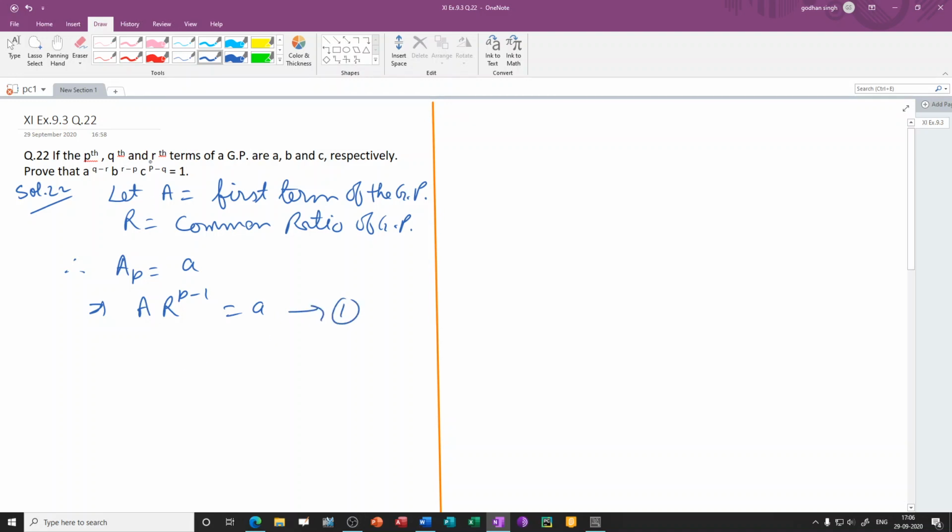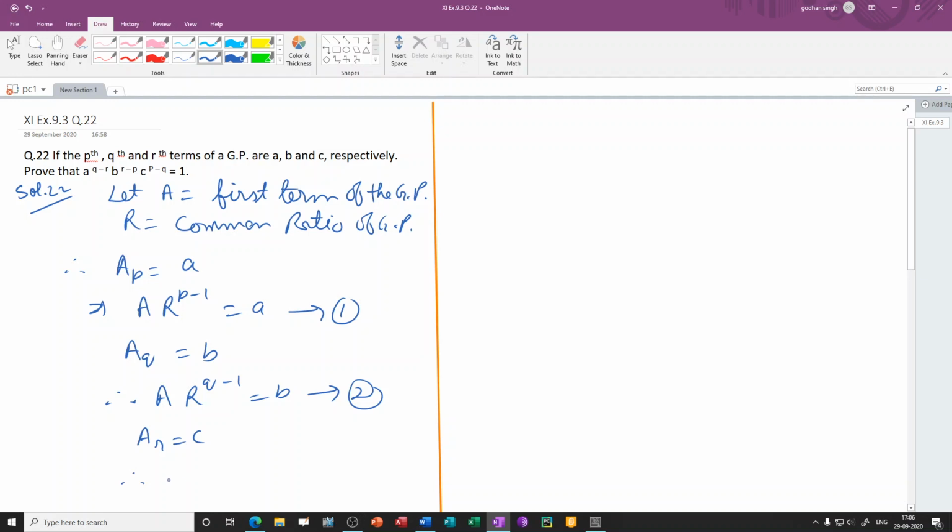Then we have the qth term as b, that is Aq equal to b. Therefore we can write A R raised to q minus 1 equal to b, and this will be equation number 2. Similarly, what is given to us, the rth term is c, that is Ar equal to c.